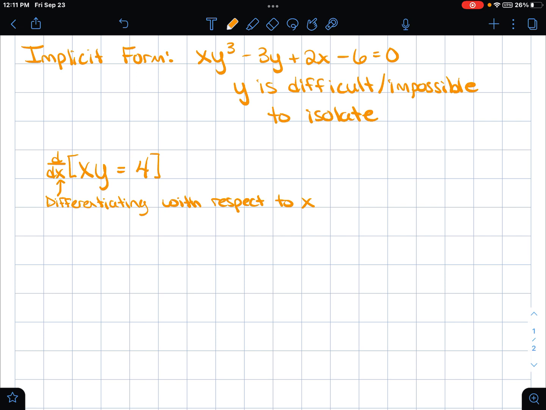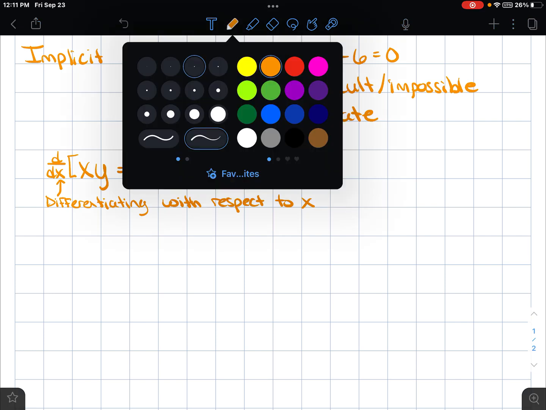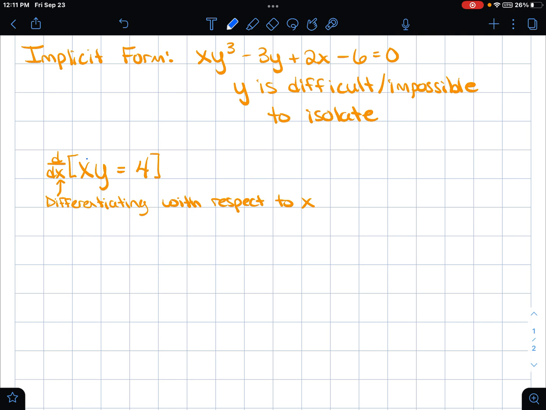So let's use the product rule on this, and I'm going to use a different color so it stands out a little bit more. I'm going to use the product rule on this because that is x times y. So to use the product rule, I'm going to find the derivative of x with respect to x. And we all know this, we know it's 1, but I'm going to get more formal because eventually we're going to find derivatives with respect to a variable different than x. So in this case, I'm saying, how is x changing? Because we're finding the derivative of this first term.